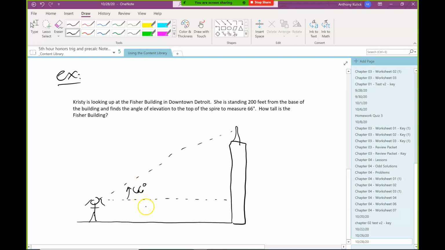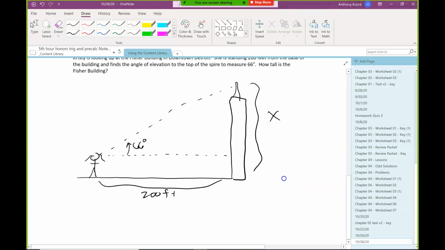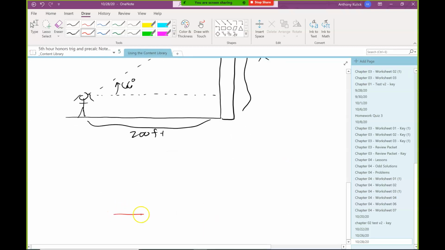And it says that she's 200 feet away. And we're looking for the height of the building. Everybody okay here? So this really just turns into a right triangle problem.